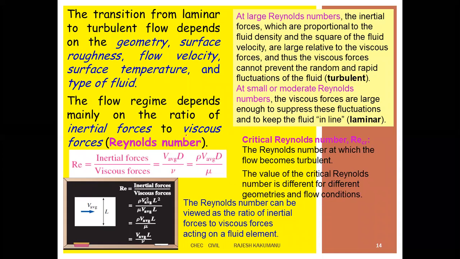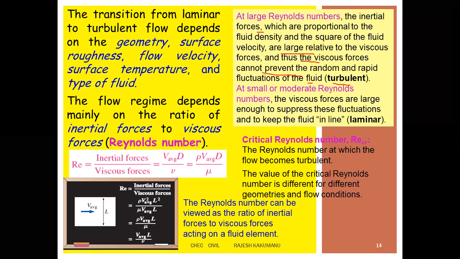At large Reynolds numbers, the inertia forces, which are proportional to the fluid density and the square of the fluid velocity, are large relative to the viscous forces, and thus the viscous forces cannot prevent the random and rapid fluctuations of the fluid. That is nothing but large numbers ante enti, turbulent lo untundi already.